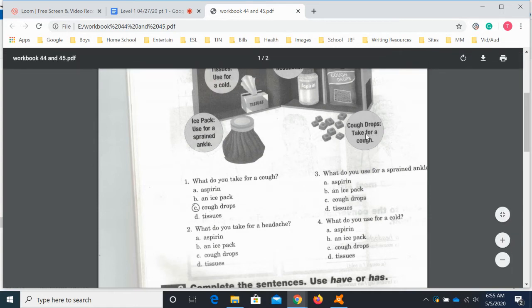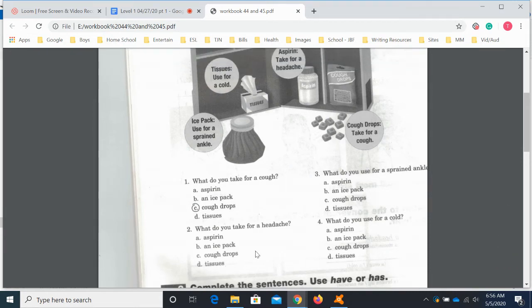Okay, and you see it right here, cough drops, take for a cough. The next question is, what do you take for a headache? Our choices are aspirin, an ice pack, cough drops, tissues.